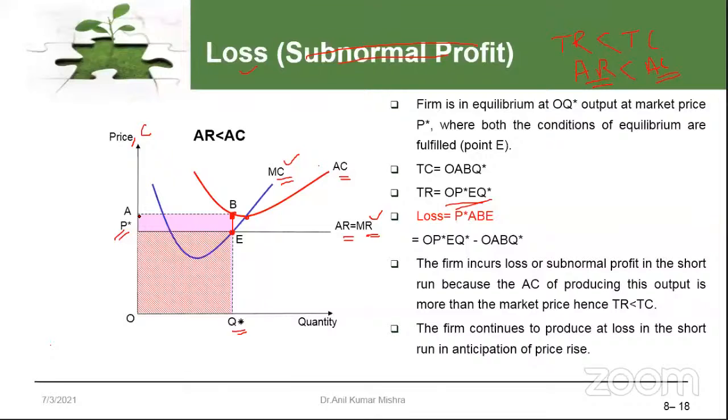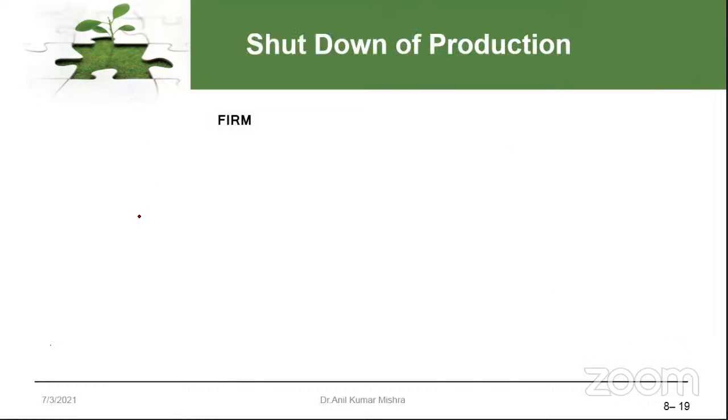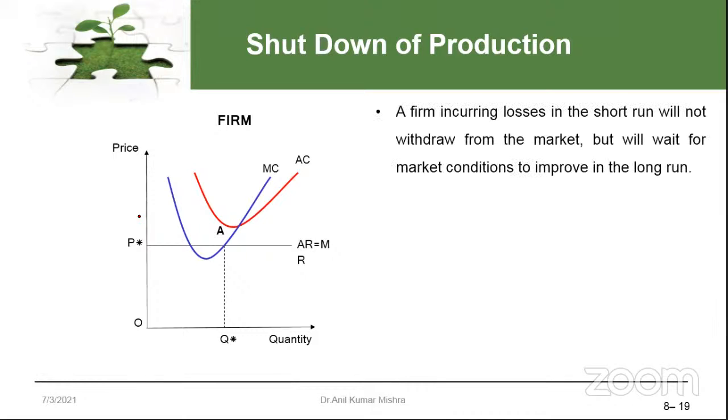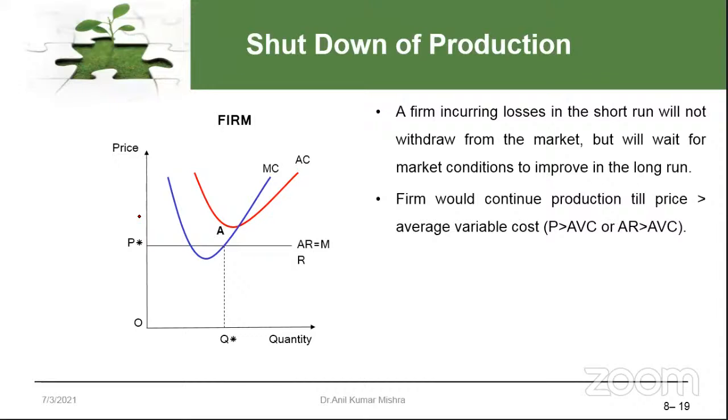Now we have to enter into how to show the shutdown situation in the short term. Let's say the shutdown point. Shutdown means loss occurs, no doubt the loss occurs to the producer, because the shutdown occurs when the losses are there. But up to what extent? The price must be greater than the variable cost. When the price is less than that, then you may shut down your business. Then what is the shutdown point?